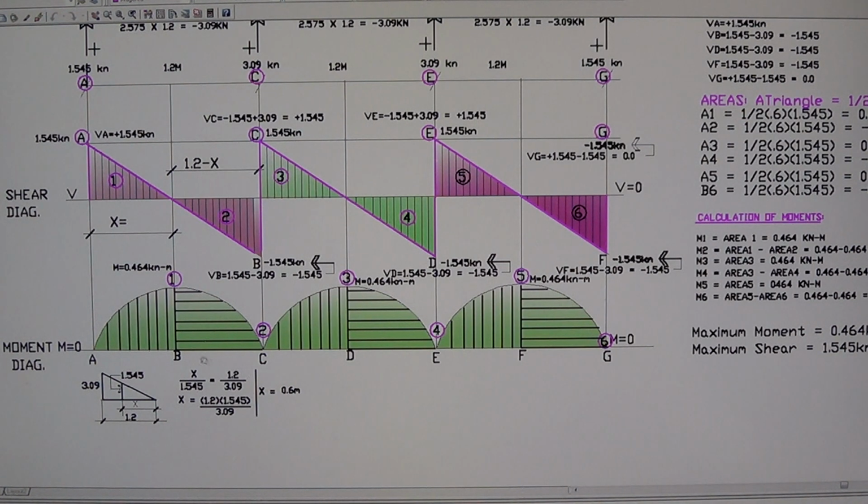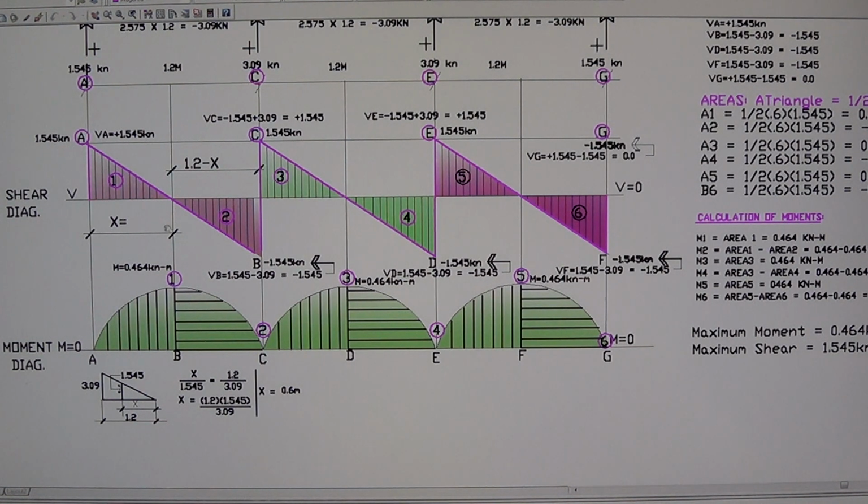Then you have this equation here. To solve for X, you cross multiply. This value goes here, and the 3.09 remains the same. Solving this, you get X equals 0.6, which is really symmetrical. I'm just showing you how to do that whenever you encounter unsymmetrical loading. So by similar triangles you can solve the distance X.